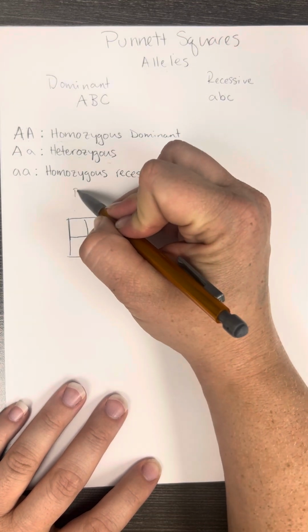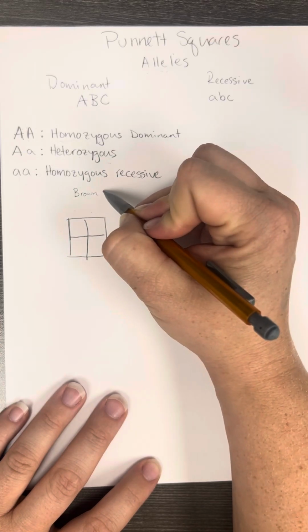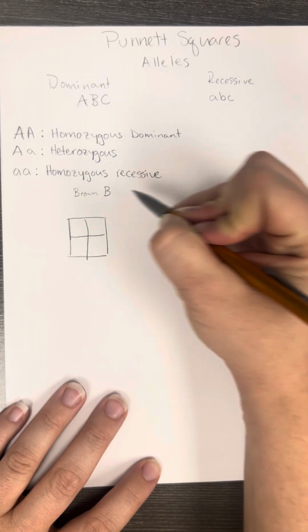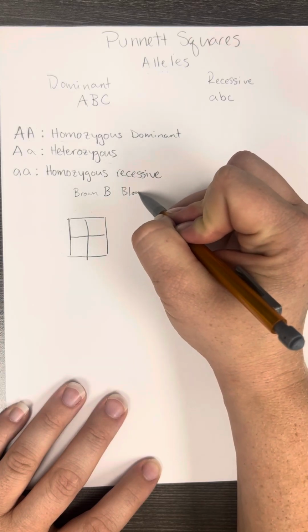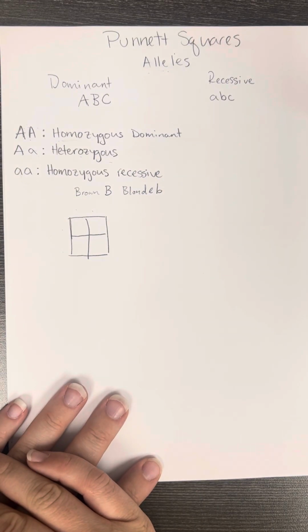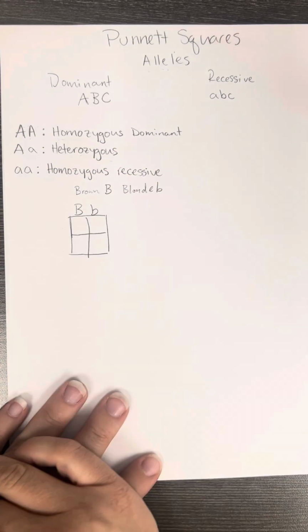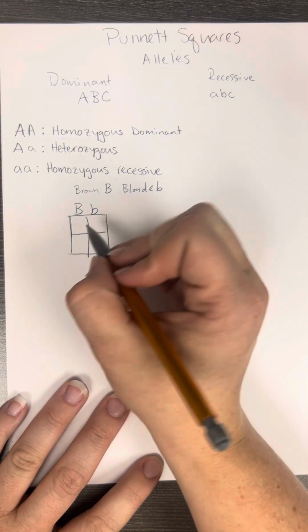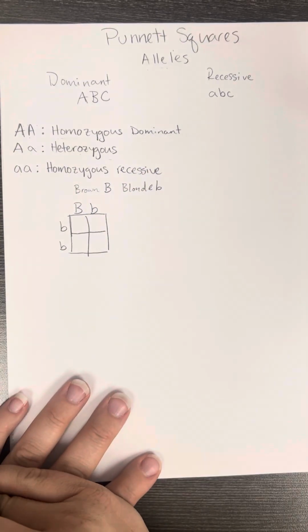Let's say that brown hair color is the dominant allele, right? And blonde hair color is a recessive allele, right? So let's say parent A has that gene code and parent B has that gene code, okay?